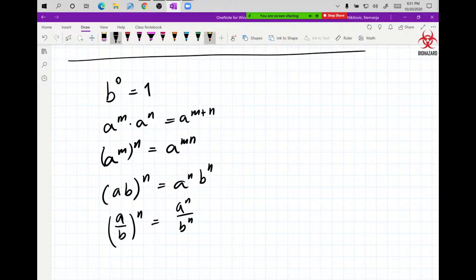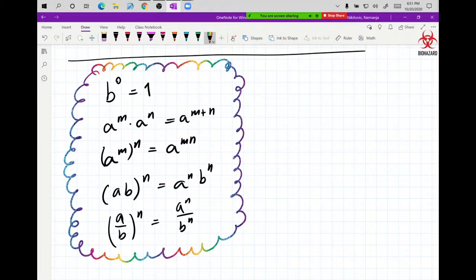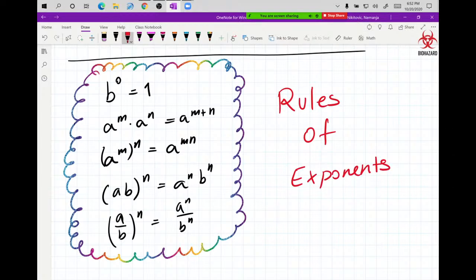So these are, let's go with the rainbow over here, the rules of exponents.